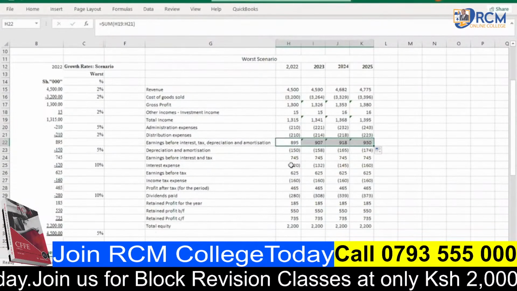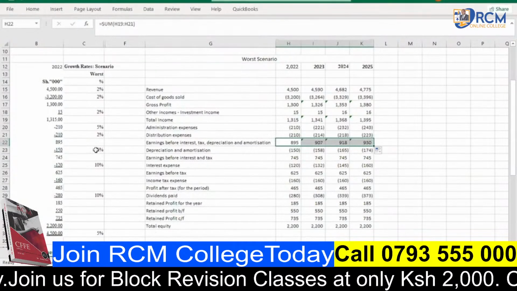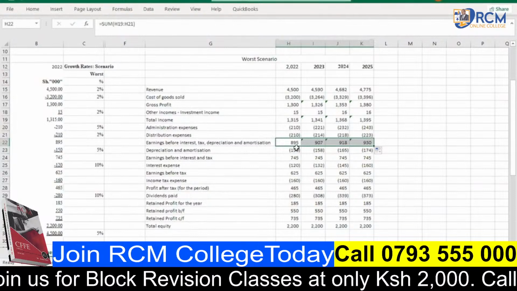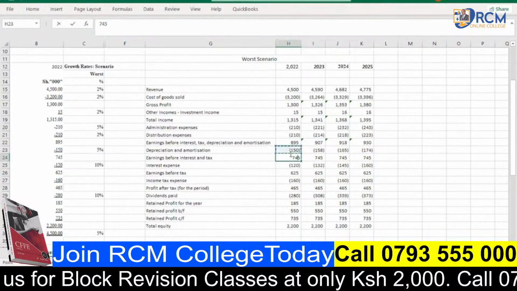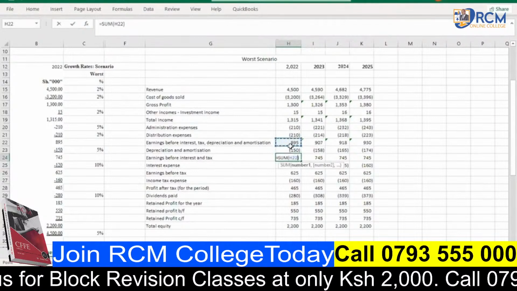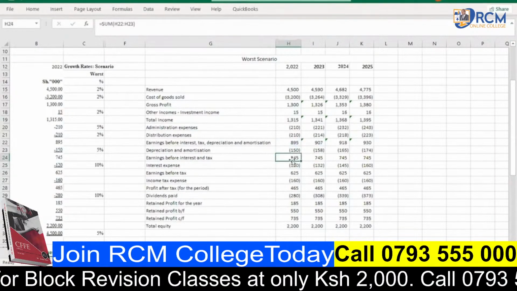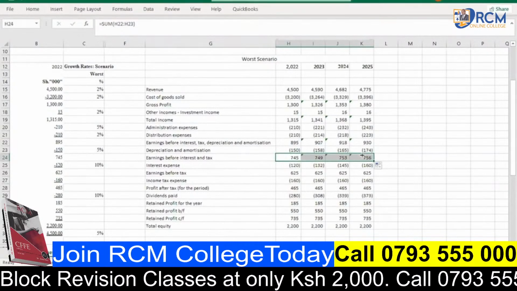Alafu depreciation and amortization. Tumeambiwa it will be increasing by 5%. That is well taken care of. Earnings before interest and taxes. Tunafanya aje? We highlight these two to get the summation. And we have been able to get earnings before interest and taxes.